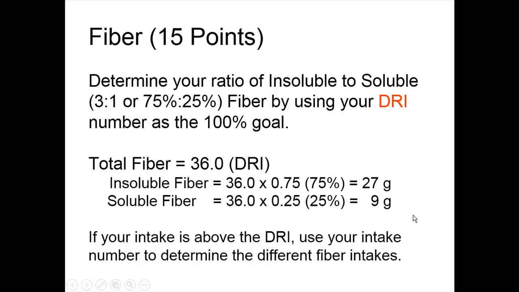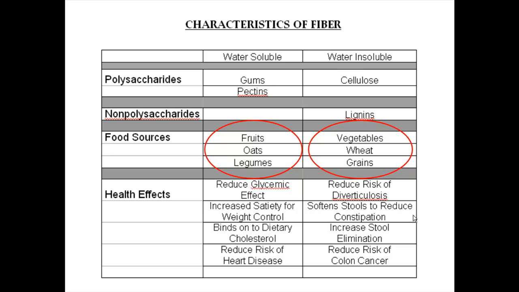So you're going to go into your spreadsheets and look under fiber, and you're going to have to separate out the soluble and insoluble. We're going to use this chart, which you find at the end of the carbohydrate PowerPoints.